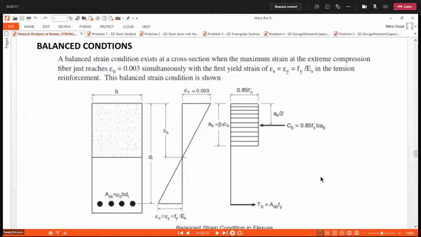At balance condition, it means our steel yields. When it yields, that is the limit for our steel, right? When it yields, it will have a permanent deformation. So when our beam is at balance condition, our concrete simultaneously crushes and our steel yields.